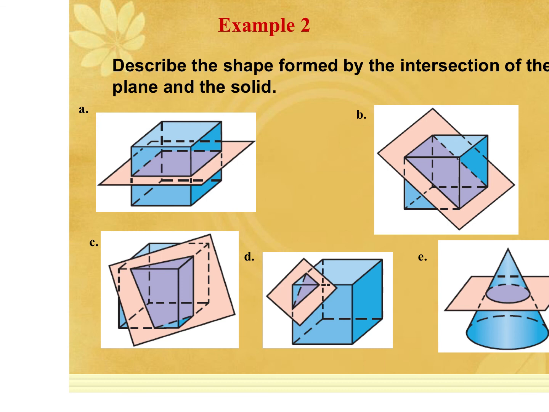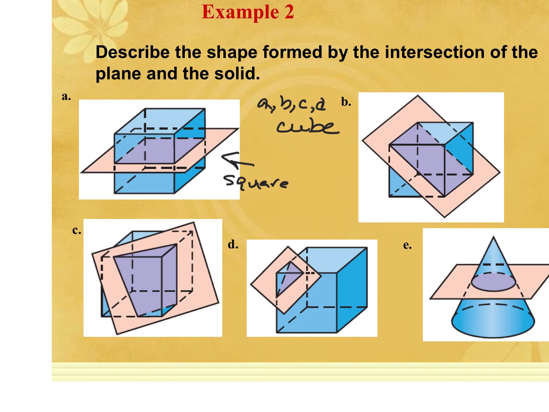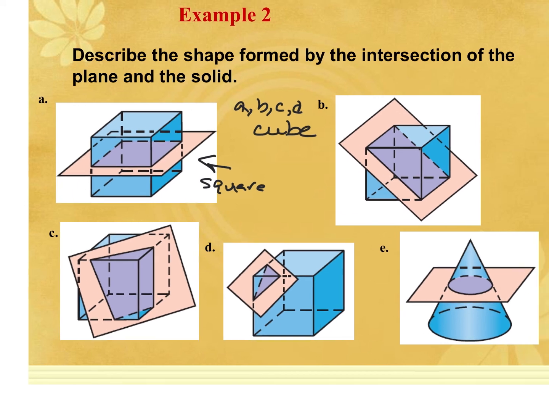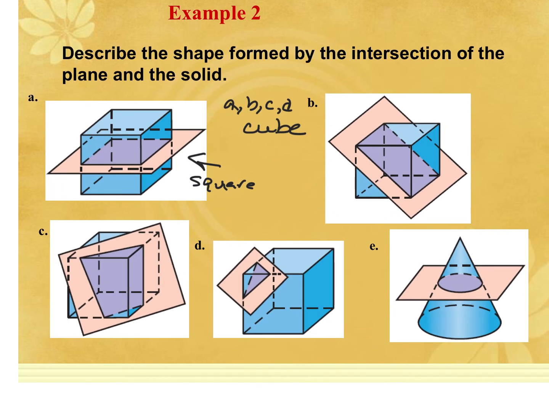For A, B, C, and D, the original shape is a cube. But for A's cross section, this one's a square. For B, when you make the slice diagonally, notice that purple shape is in the shape of a rectangle. So this cross section is a rectangle.